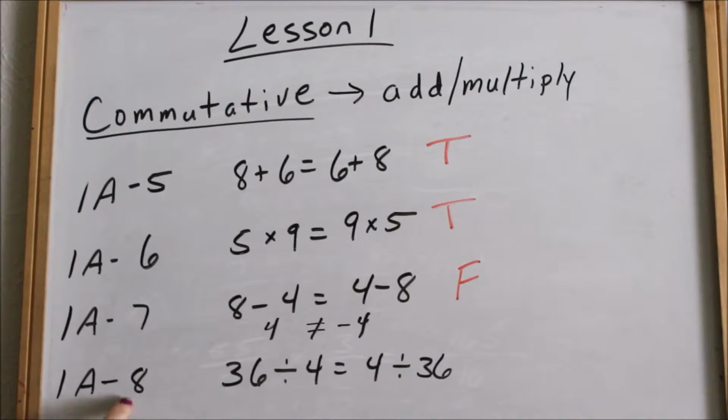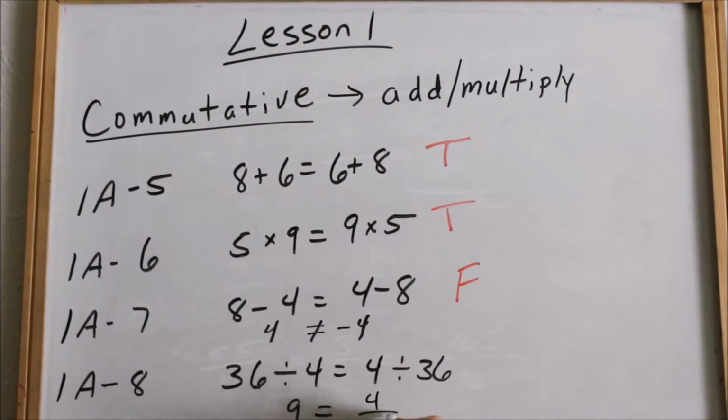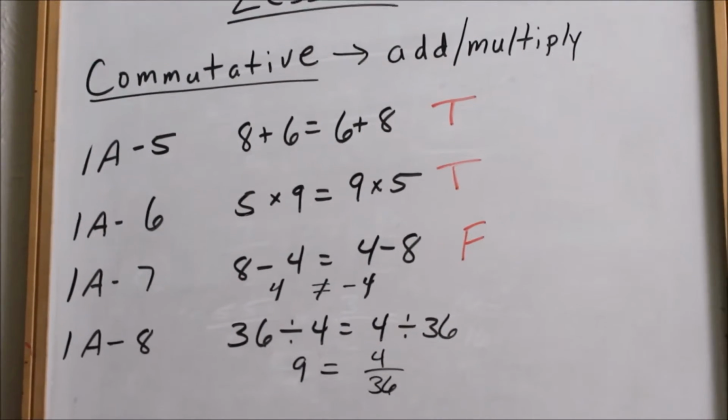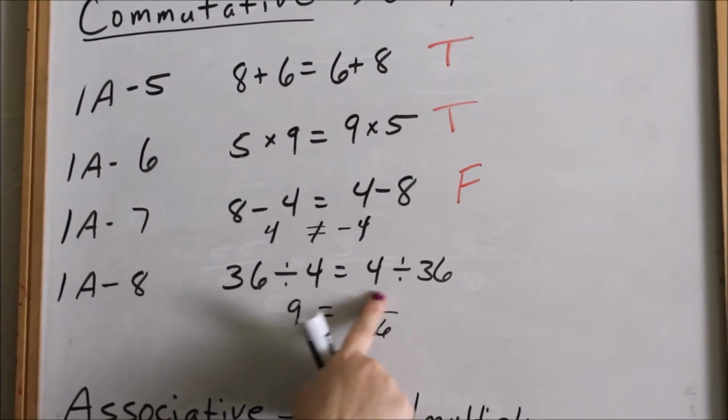Okay, now looking at 1A number 8, you have 36 divided by 4. That is 9. If you write this as 4 divided by 36, that will reduce to 1/9.